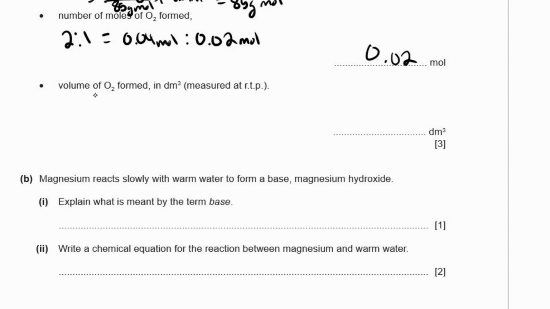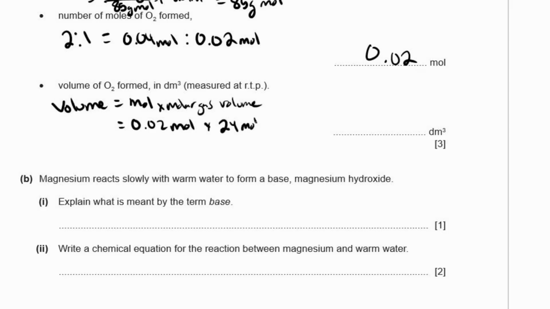And calculate the volume of oxygen formed in decimeters cubed, measured at room temperature and pressure. So volume equals the moles times the molar gas volume, which equals 0.02 moles, which was just calculated, times 24 decimeters cubed per mole.